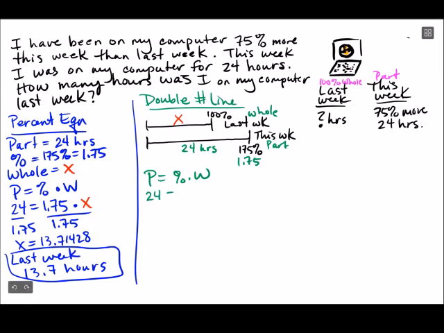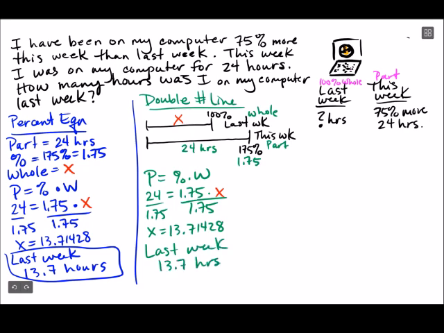So it's the same equation, 1.75 times my unknown X, and once again, we solve it the same way. Divide both sides by 1.75, get the same value, which is good because we're doing the same problem, just a different way. So once again, last week I only spent 13.7 hours on my computer.